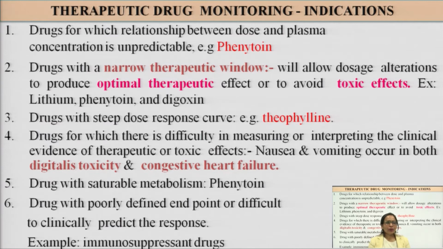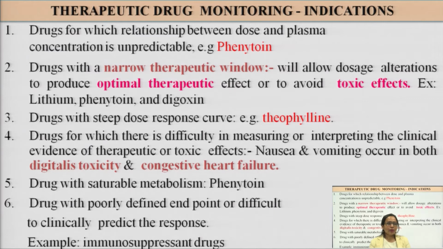Then drugs for which there is difficulty in measuring or interpreting the clinical evidence of therapeutic or toxic effects, like nausea and vomiting, which occur in both digitalis toxicity as well as congestive heart failure. It is difficult to differentiate the disease from the drug, so here also therapeutic drug monitoring is essential.